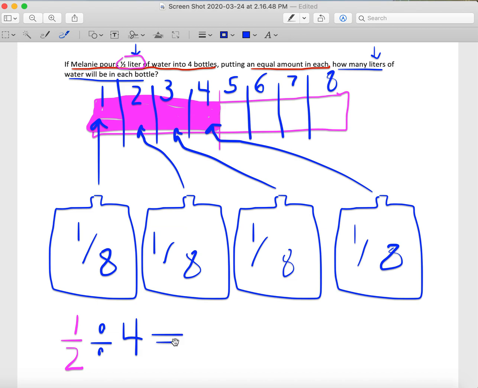And remember what we talked about the other day: if I have a 1/2 divided by 4, then I can kind of multiply. I'm breaking this amount into 4, or making 4 groups out of this 1/2. And it's going to end up being that each one is 1/8. All right, so that's another way to think about it.